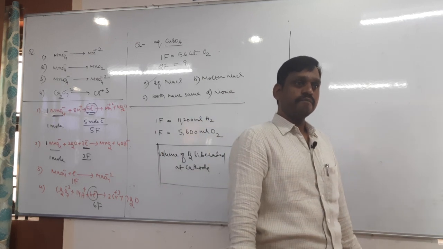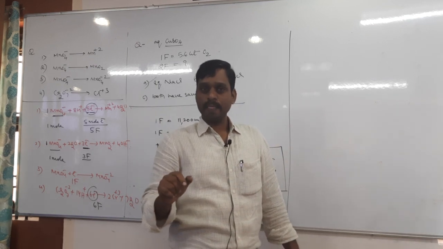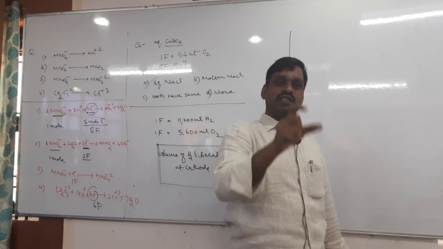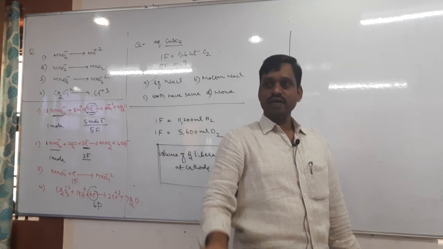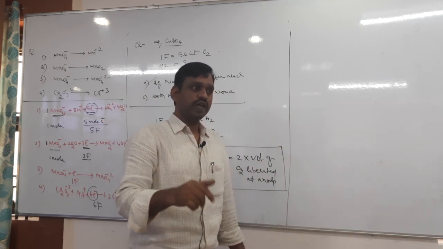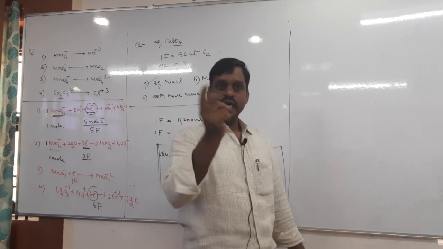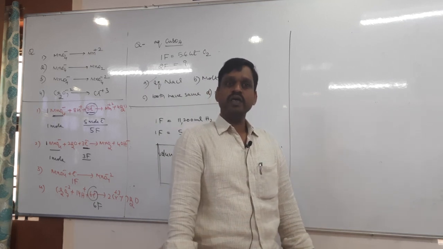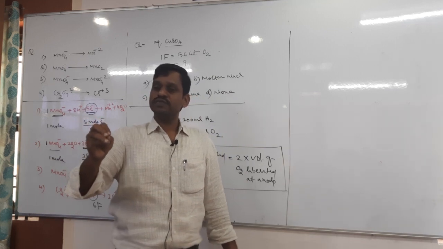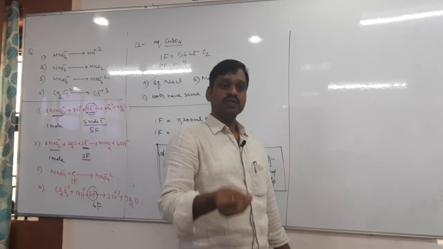When the n factor of the ion is the same, the same number of moles is expected, because here H plus has n factor 1 and Cl minus has n factor 1, therefore the number of moles will be the same.